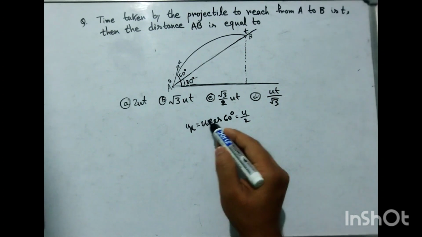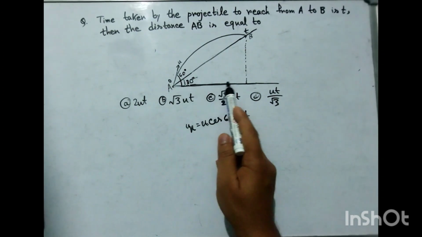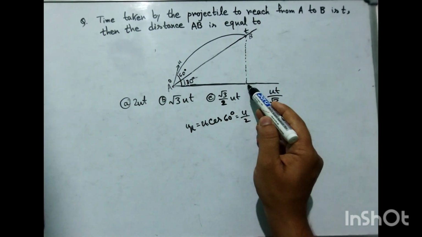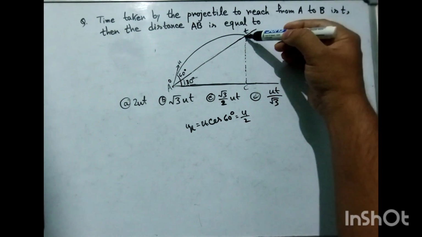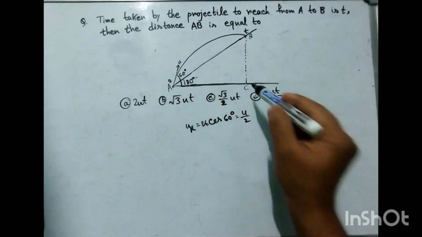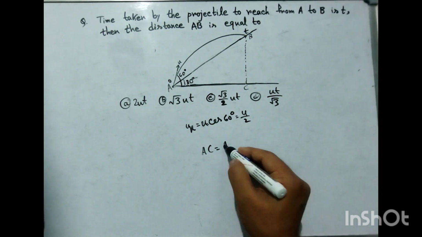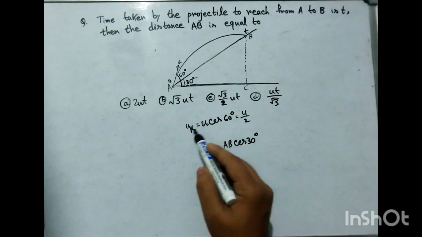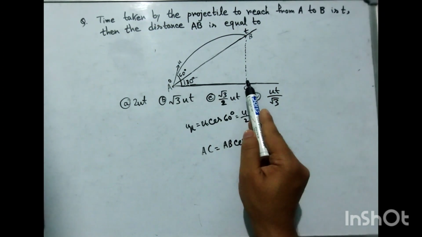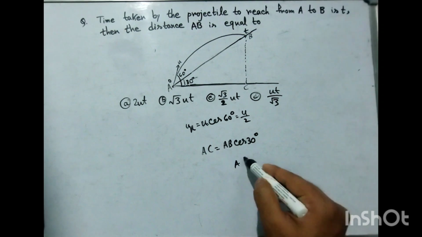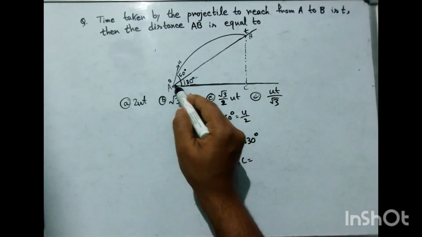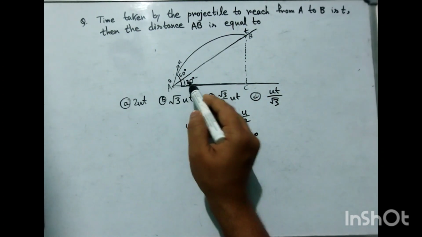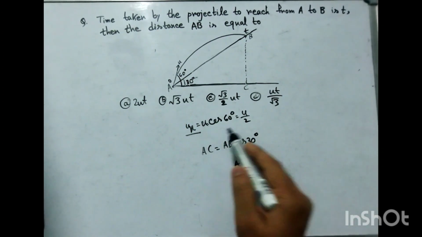So here ux is only responsible for the horizontal distance covered. So at time t, horizontally it will reach the point C. The horizontal component of this distance will be AC. So AC is AB cos 30. Now, along this x-axis no force is working, so ux will remain constant.